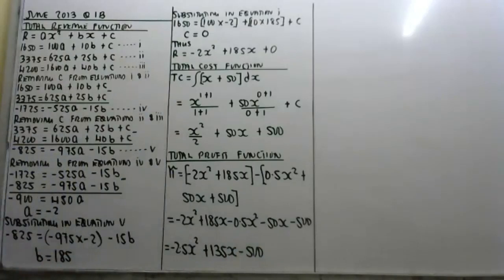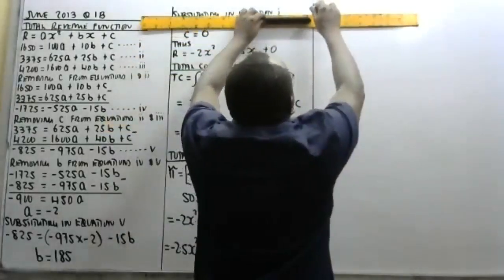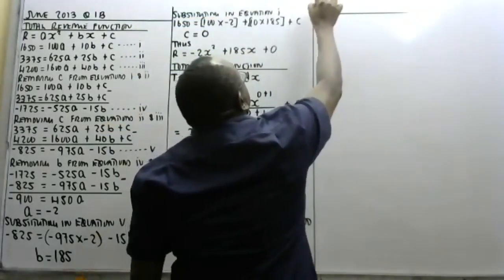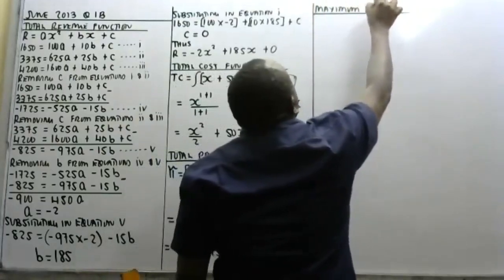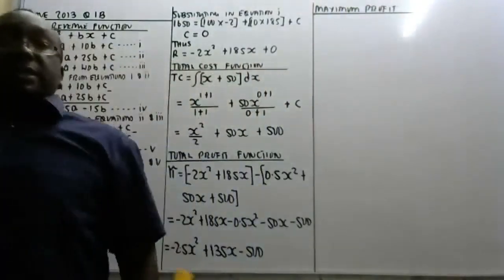So that is the profit function. The journey is still continuing because the question had required us to get what? Maximum profits.